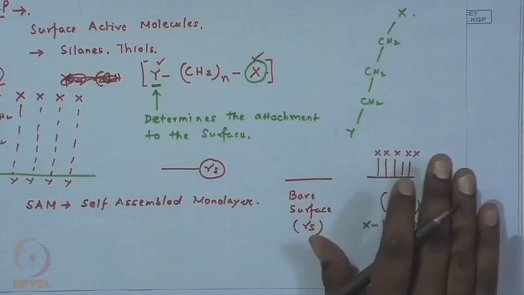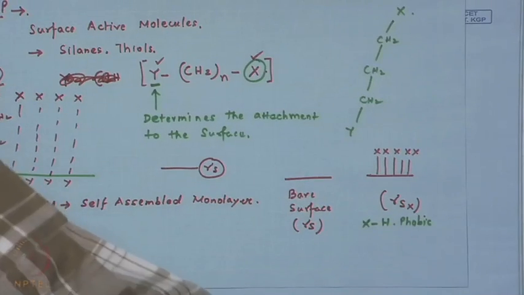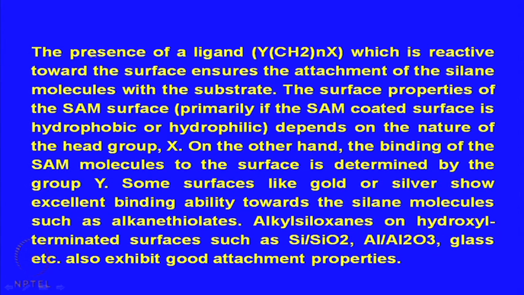So, here is the formal statement: the presence of a ligand which is reactive toward the surface ensures the attachment of the silane molecules with the substrate. The surface properties of the SAM coated surface, whether it is hydrophilic or hydrophobic, depend on the nature of the head group X. On the other hand, the binding of the SAM molecule to the surface is determined by the group Y. Some surfaces like gold or silver show excellent binding ability.